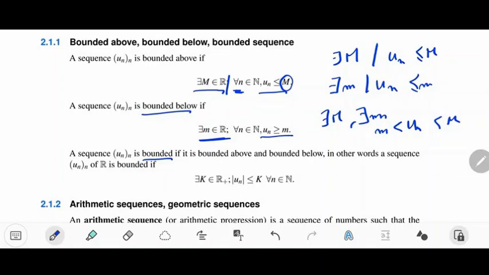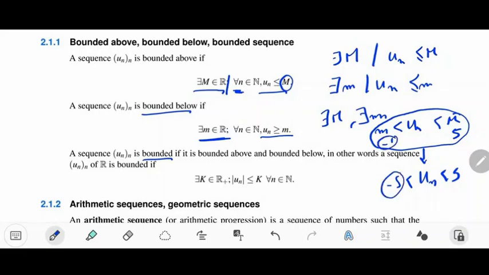But to simplify the definition of bounded, look, if big M, for example, is 5 and small m is -1, couldn't we say that Un is between -5 and 5? Why not? Because if it's greater than -1, then it's greater than -5. Which allows us to write that Un in absolute value is less than 5. And this is a nicer representation than the other one.